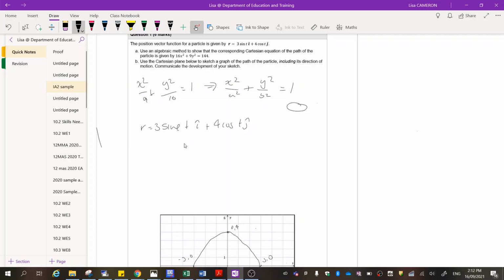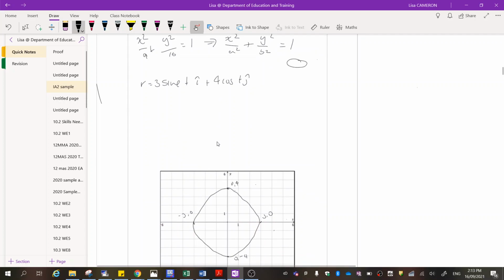Now, to find its motion and direction, we can sub in values of t, and that would give us our motion, because this is a position equation. So let's say, for example, we sub in t as 0 to find its r value. So r(0) equals 3 sin 0 plus 4 cos 0. We'll just disregard the i's and j's for now.